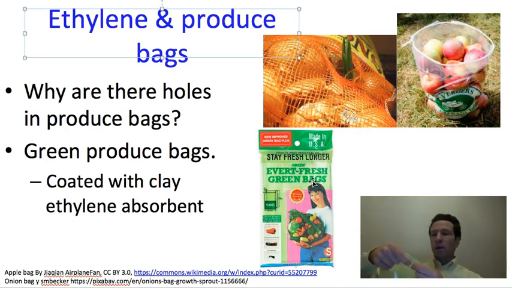And the clay coating has the effect of absorbing ethylene. And because this absorbs ethylene, if you fill this bag with produce and put it in the fridge, then it's not going to go bad as quickly as other produce that is just stored in a normal plastic bag. Or at least that is the claim made by the manufacturers of these bags.